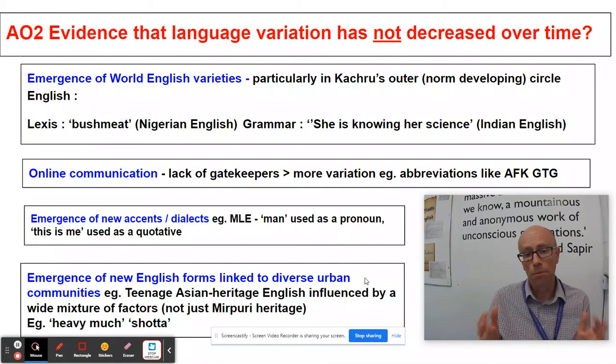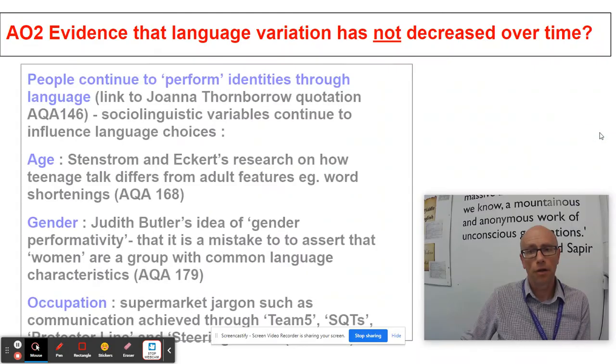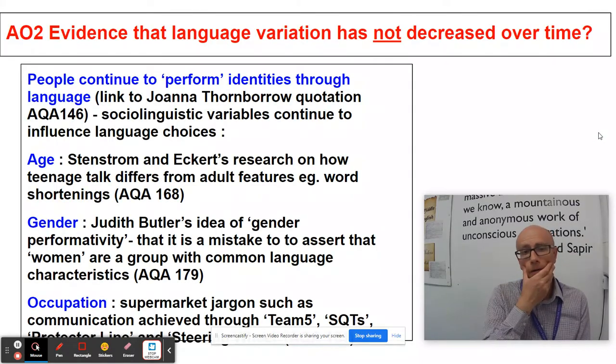It's not just the Mirpuri heritage of those Asian heritage teenagers that's influencing the language. A couple of examples given in the textbook are heavy, much, and shotter. Again, these sorts of things go out of fashion very quickly, so those words, they're probably not used by these people anymore.